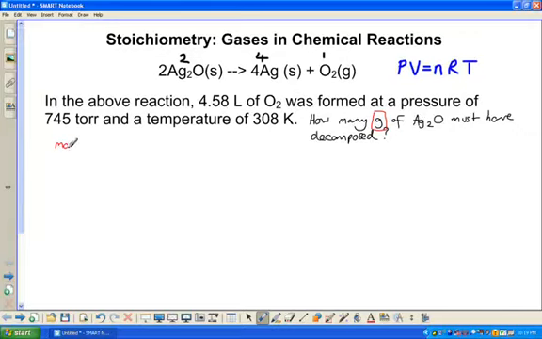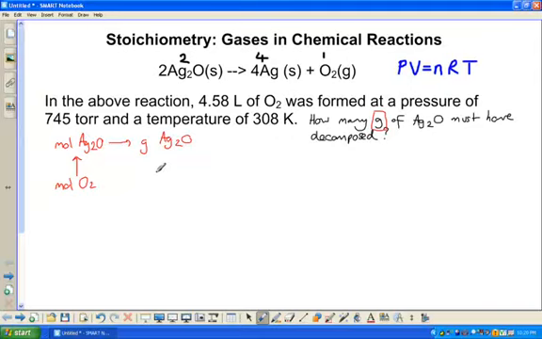And to get moles of silver oxide, we need moles of something else, in this case oxygen. If we can figure out the moles of oxygen, we can convert that to moles of silver oxide, and then into grams of silver oxide.